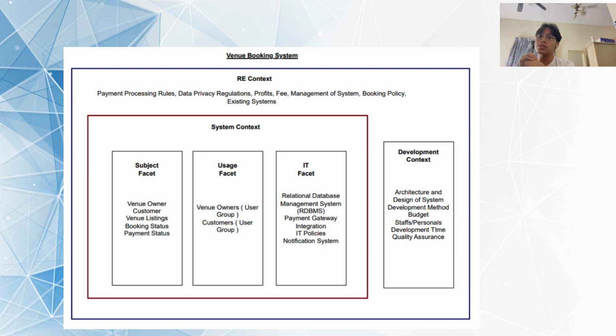As for the usage facet, we have venue owners and customers as the user groups. For the IT facet, we have the relational database management system, or RDBMS, the payment gateway integration, IT policies, and the notification system.